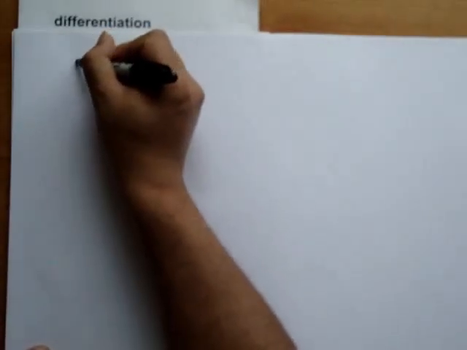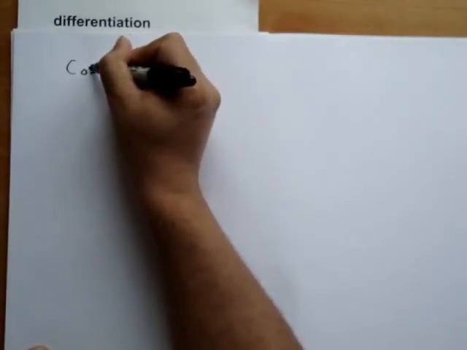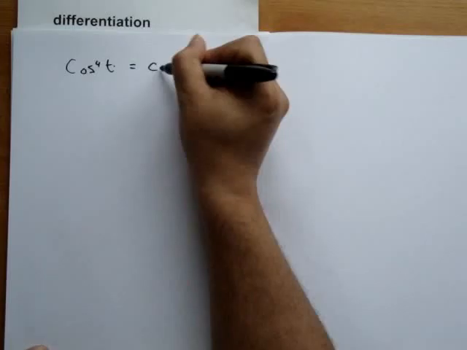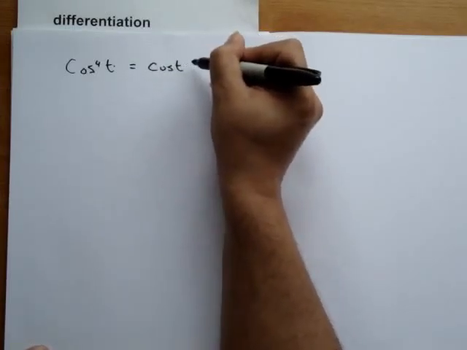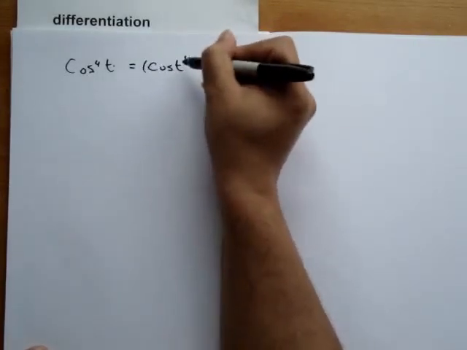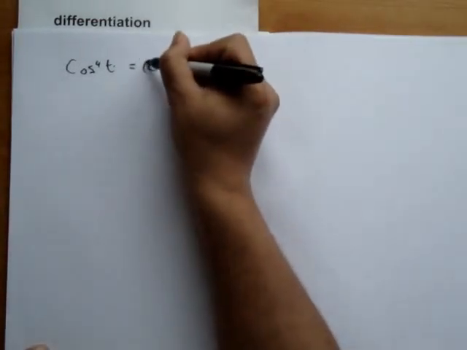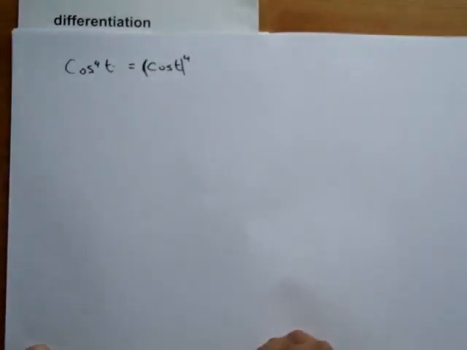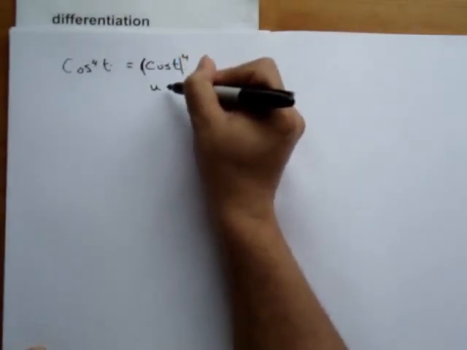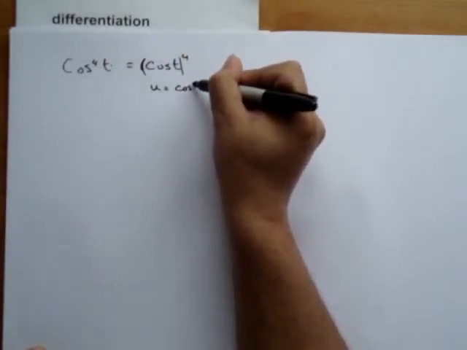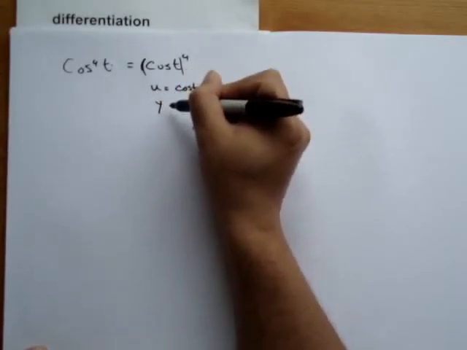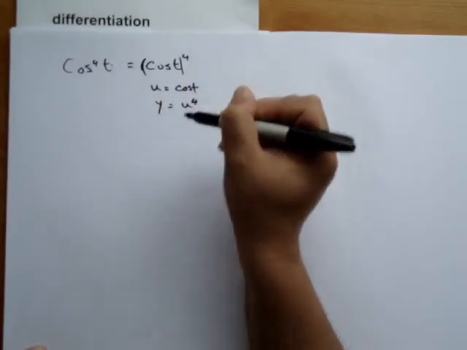Another important rule when considering trig functions, if we have cos power 4 of t, that means cos t to the 4. We can put brackets around that. So u is cos t, what's in the brackets, and y equals u to the 4.